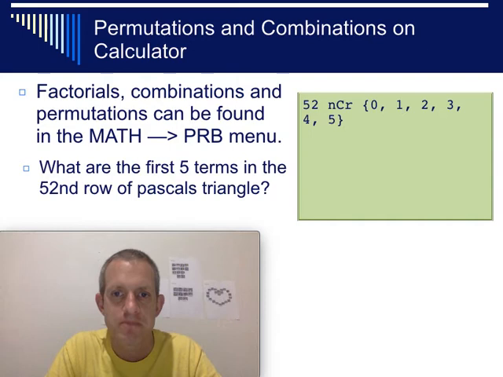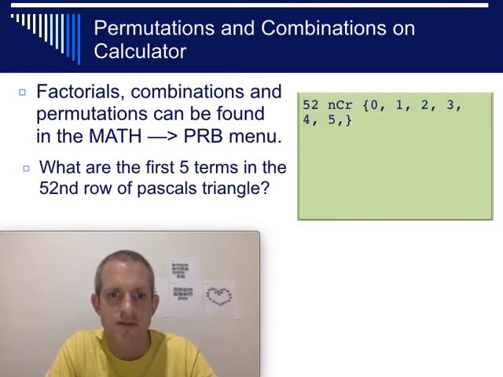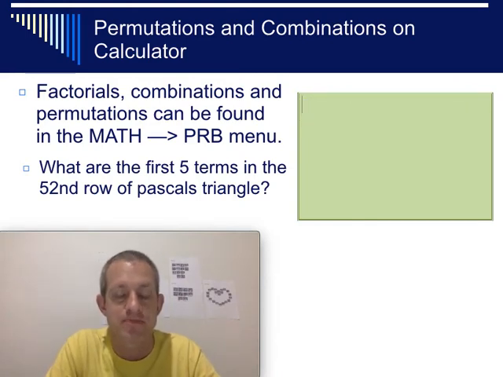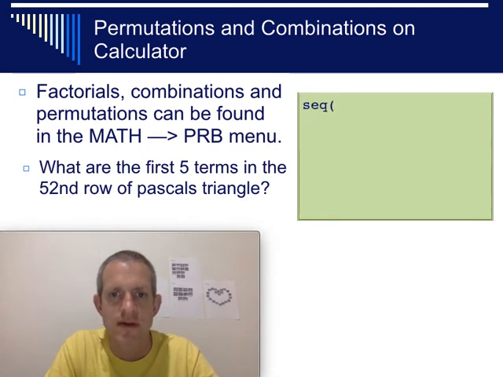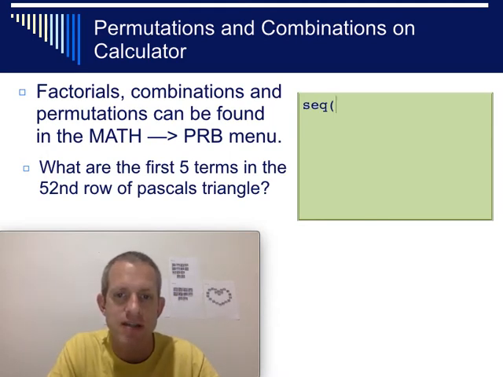We'll make that happen. And if you wanted to produce the entire row, rather than typing out a giant list and going all the way to 52, I might suggest you use the sequence command. And so I'm going to type that out here. Sequence, remember that requires 4 arguments. It requires a formula, and then a variable, and then a start and a stop.